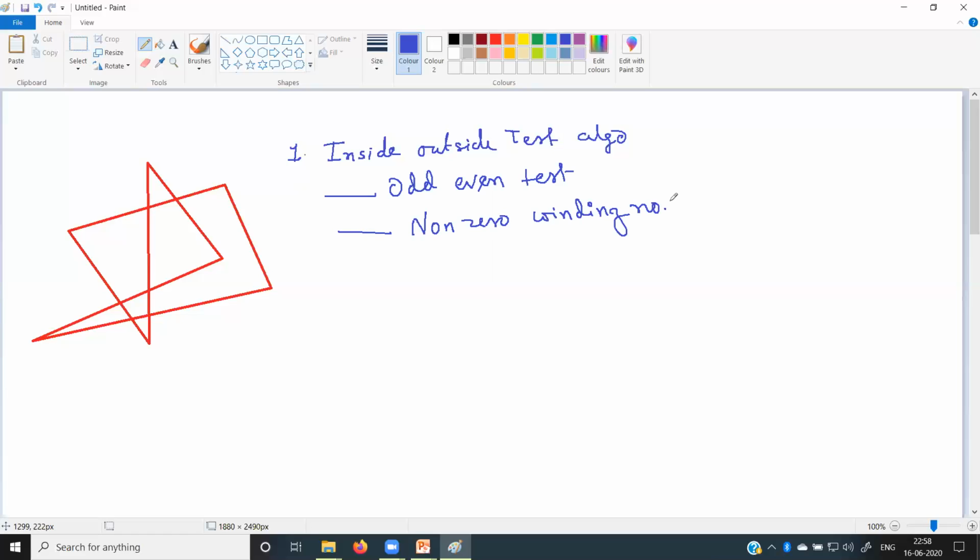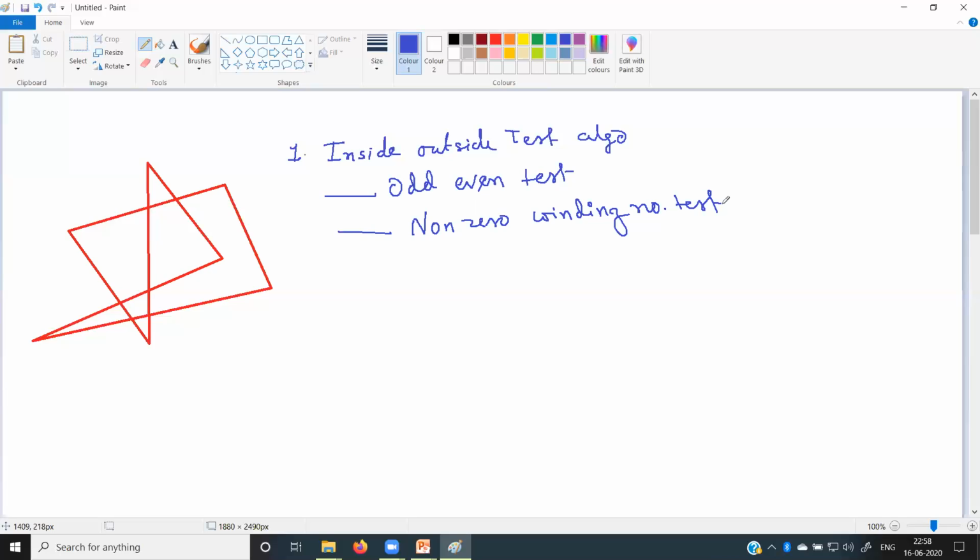This inside outside test algorithm can apply any one of these tests to check whether a point, whether a region, is inside of the polygon or outside of the polygon. First we will discuss the odd even test.